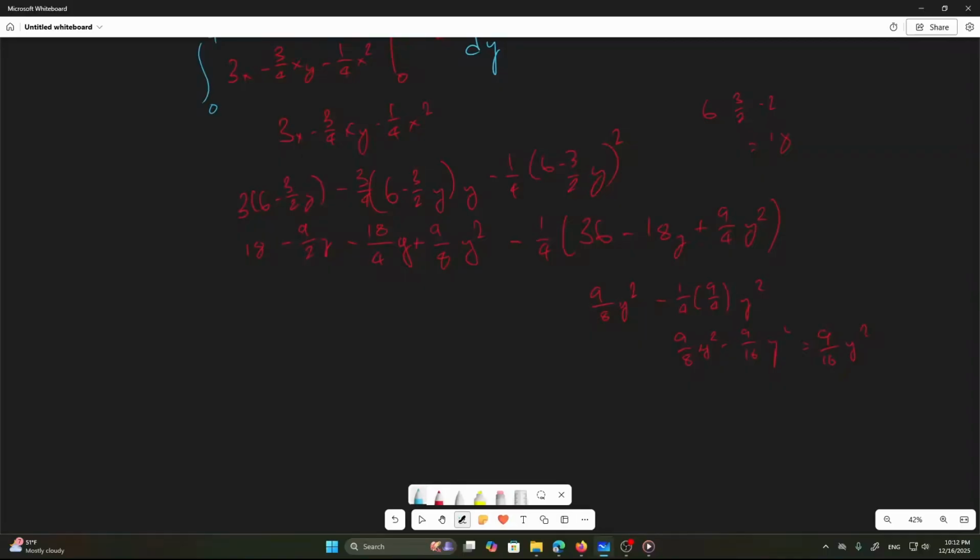Next, let's go for the y component, which we would get negative 9/2 y minus 18 over 4y, plus 18 over 4y. And we can see here minus 1/4 times negative 18y plus 18 over 4y. And these would cancel nicely, and we just get negative 9 over 2y.